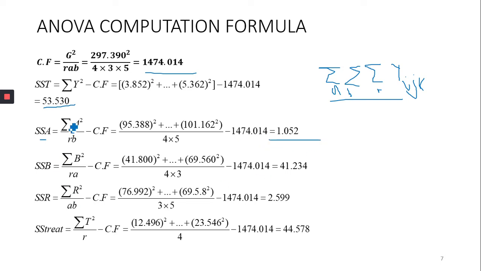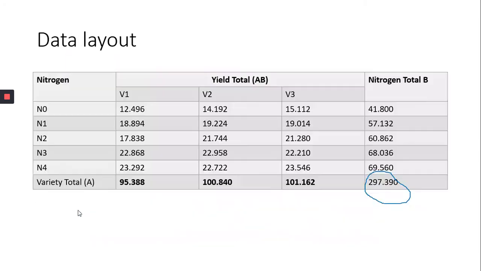SSB, using the same argument: totals of B, each sum of B squared, you divide by R times the number of levels of the other factor, not the one that you are finding. Very easy. Subtract the correction factor, that will give you that one. Now SSR, ladies and gentlemen, we are following the same pattern. We get the totals for R. Remember, the totals for R are on this table.